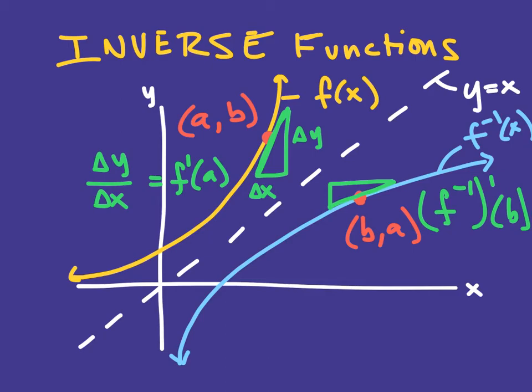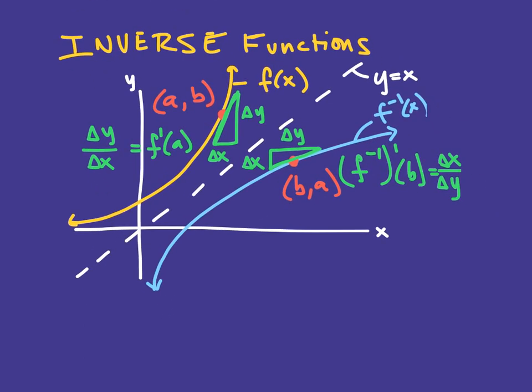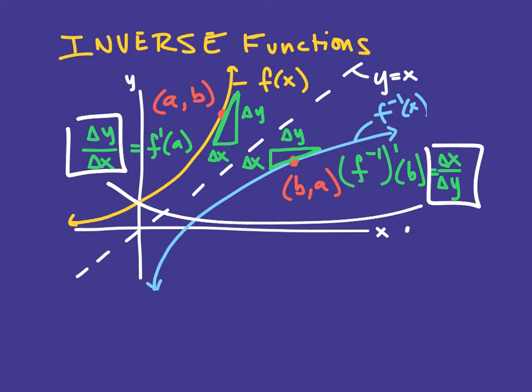What I realize is that I have the same triangle here as I do here, except it's flipped. This same distance, my change in x, is my vertical length here. So this is the change in x, and this is the change in y, and the ratio is the change in x divided by the change in y. As a result, these two things are simply reciprocals.